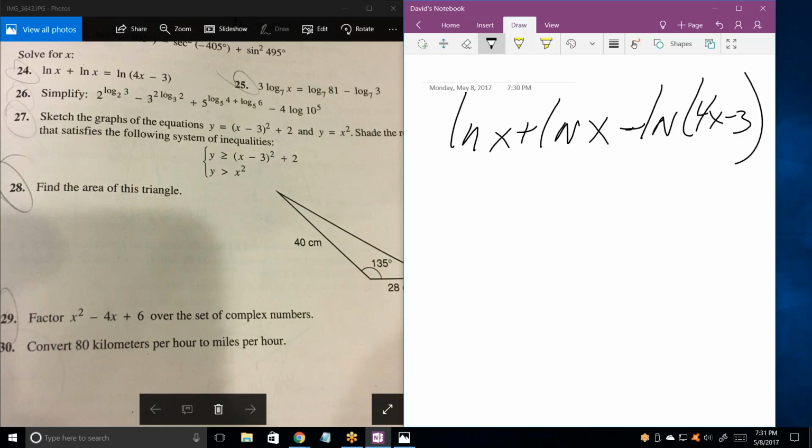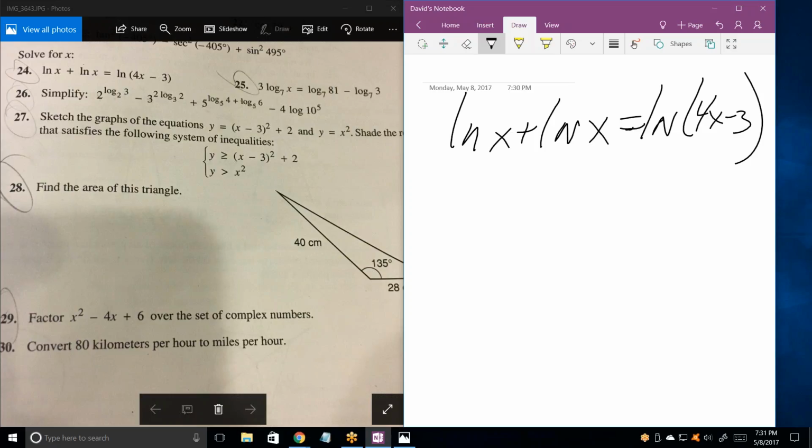Well, whenever you see two log functions added together, you should think, can I combine that into one log function? Okay, what is it? 2x equals 4x minus 3.